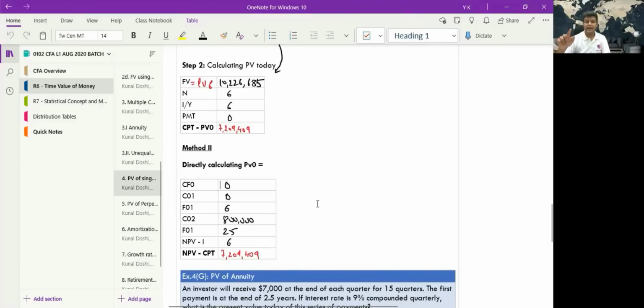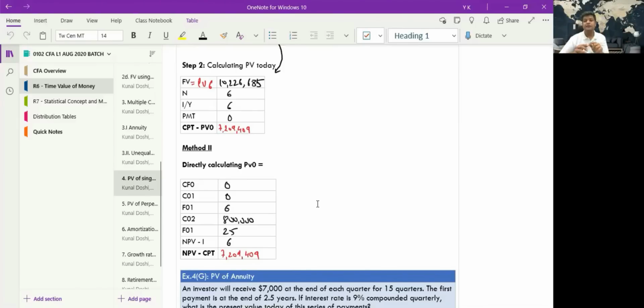If you want to try it again, press CF, second clear. CF0 will be 0 because there is no cash flow today. C01 will also be 0 for 6 frequencies, because till the 6th year there is no cash flow. Then you put C02, the second cash flow, 800,000, and that is for 25 times. So your second frequency will be 25, enter.